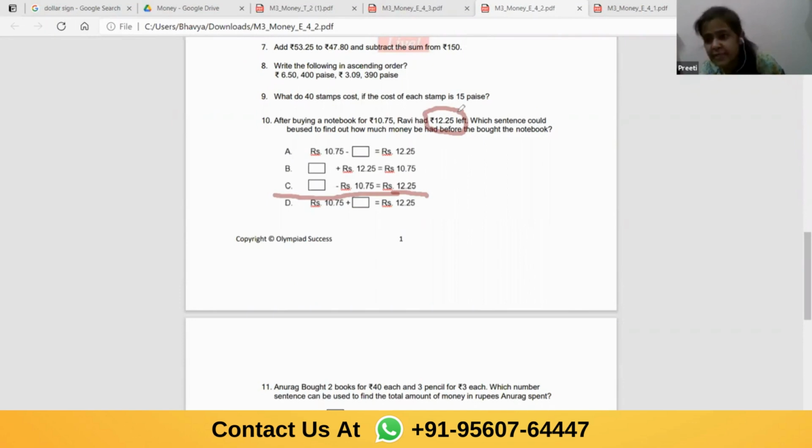So of course left is a keyword of subtraction, but 12 rupees and 25 paise is my final answer. So what am I supposed to subtract here? I have to subtract 10 rupees and 75 paise from whatever money he was having earlier. Do you know how you can figure out how much money he had with him?